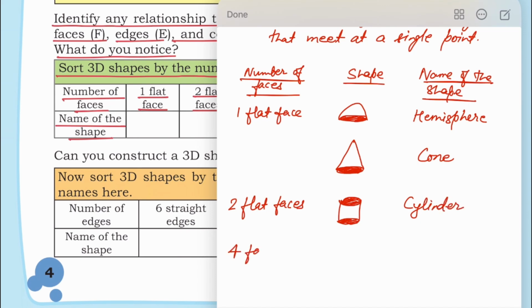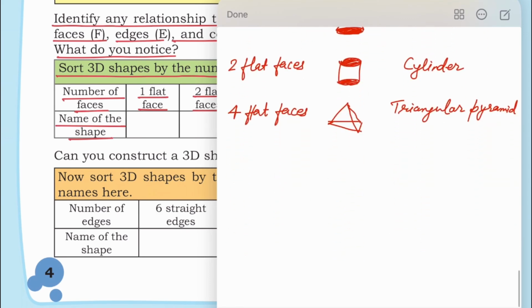Four flat faces. You can draw triangular pyramid. Five flat faces.